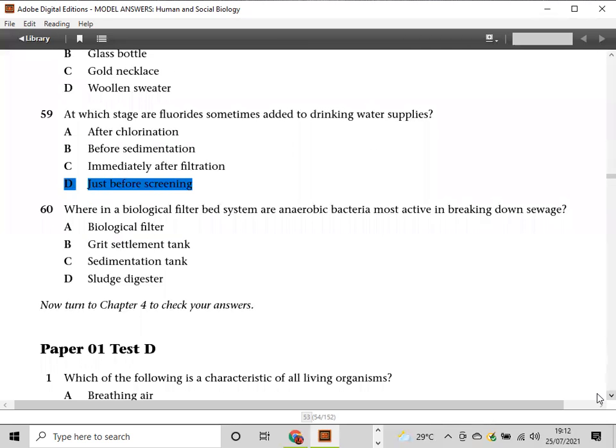And 60 now, where is a biological filter existing on anaerobic bacteria most active in breaking down sewage, and that would be D, sludge digester.